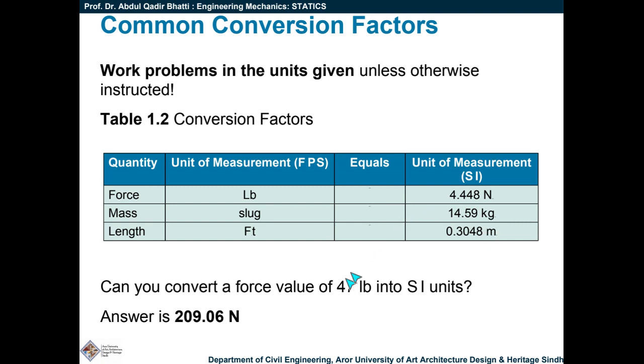So can you convert a force of 47 pound into SI units? We have 47 pound here. What will be the result? If you convert 47 pounds into Newton, what will be the equivalent result?